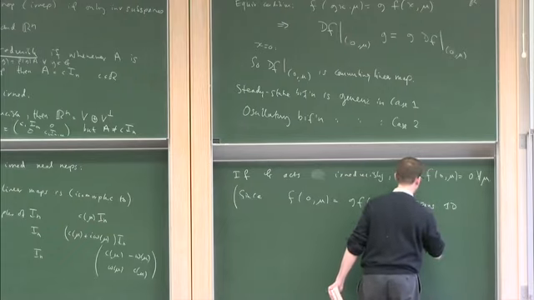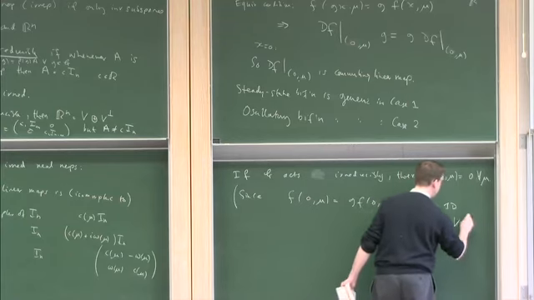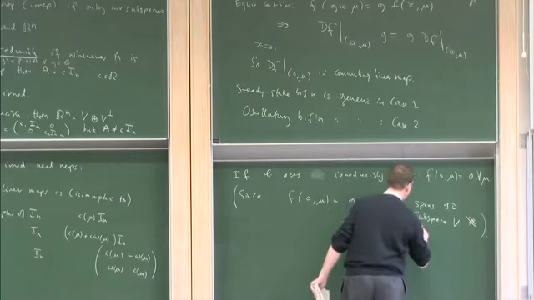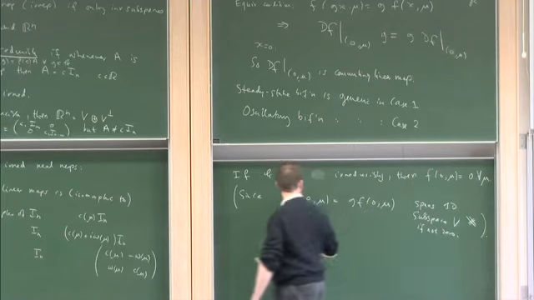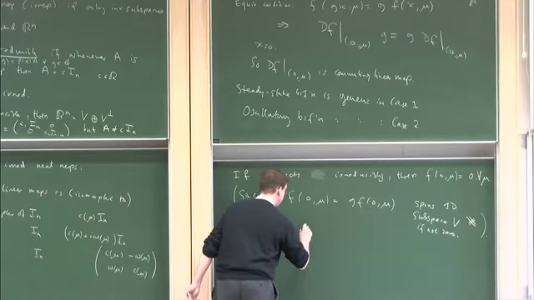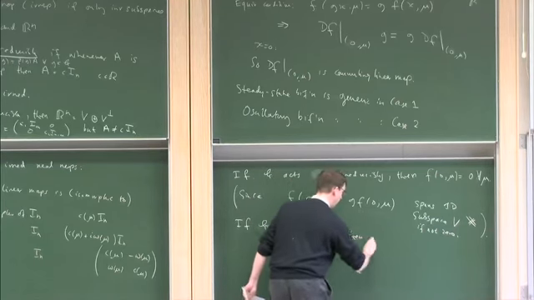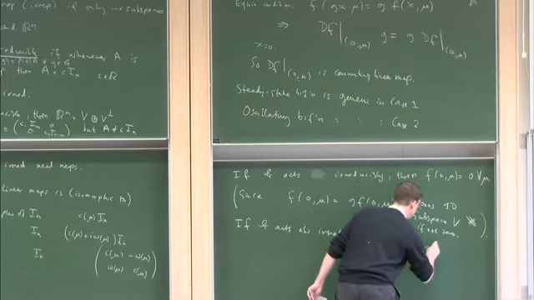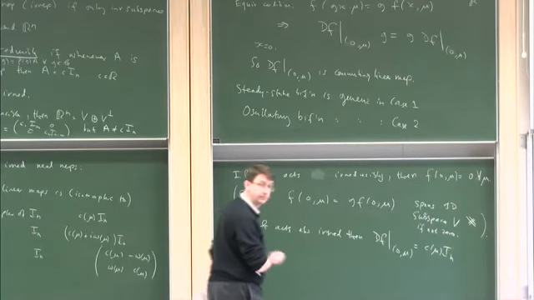A one-dimensional subspace V, if not 0. I'll say that, and then if G acts absolutely irreducibly, then the linearization is a real multiple of the identity by above.